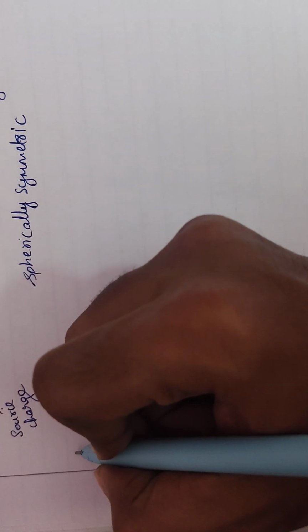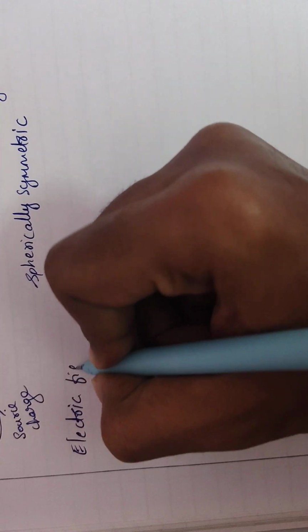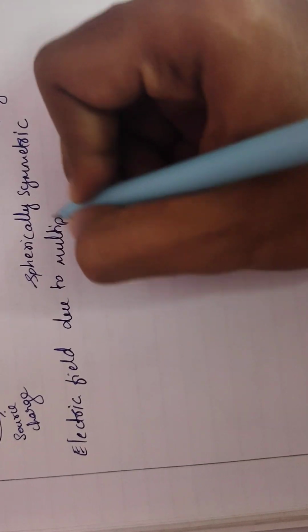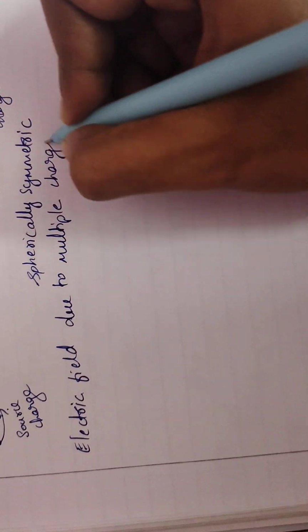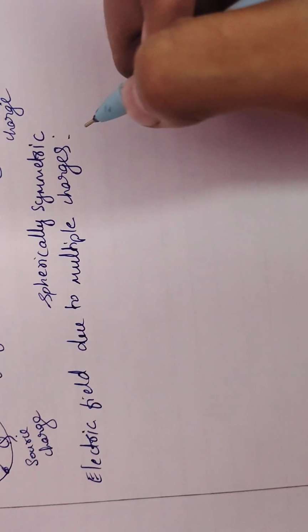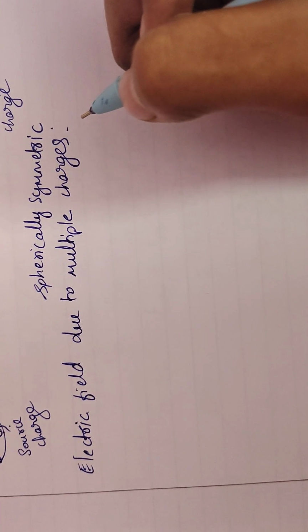Fine. Now another important topic in electric field is electric field due to multiple charges. We have already seen what the principle of superposition is. What is the principle of superposition?